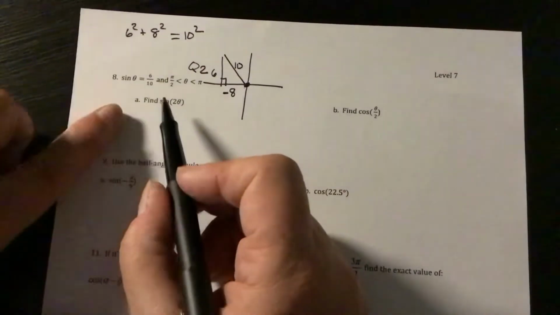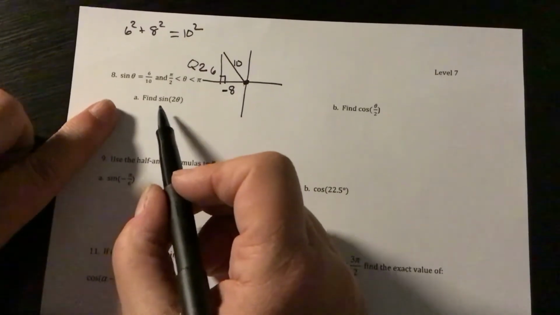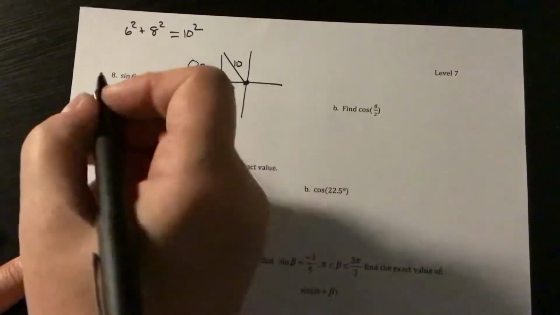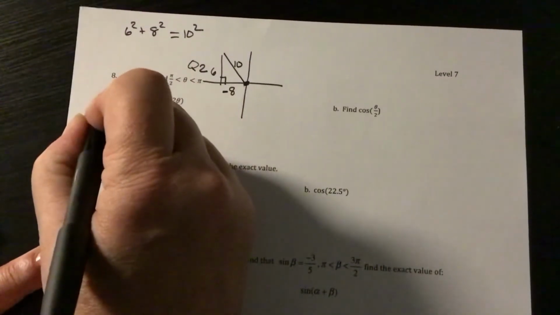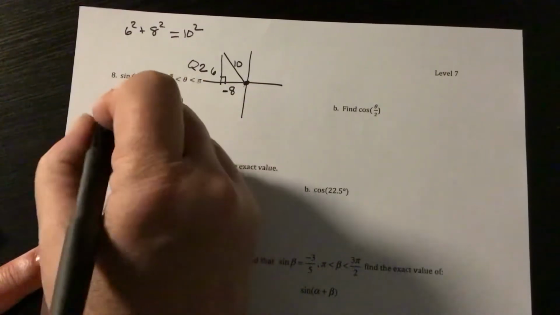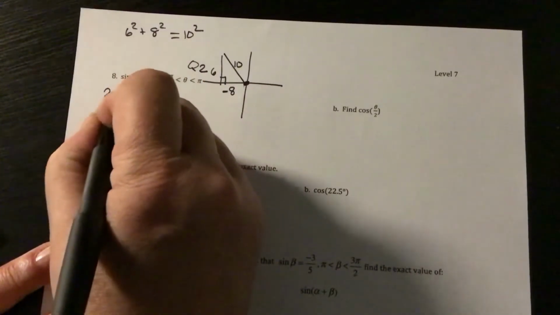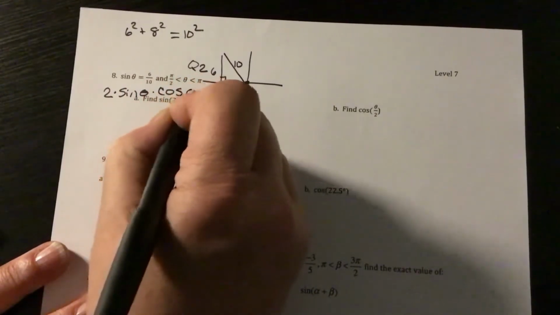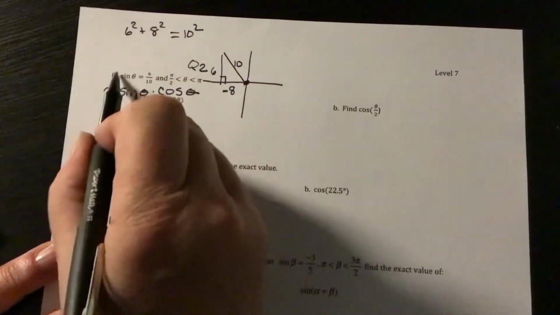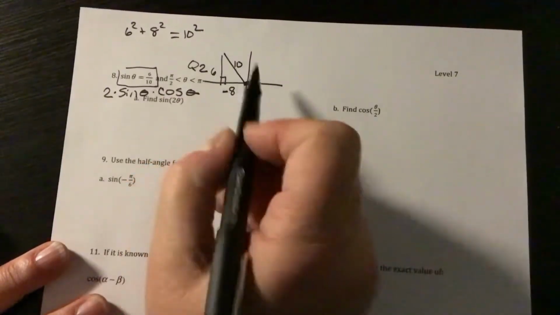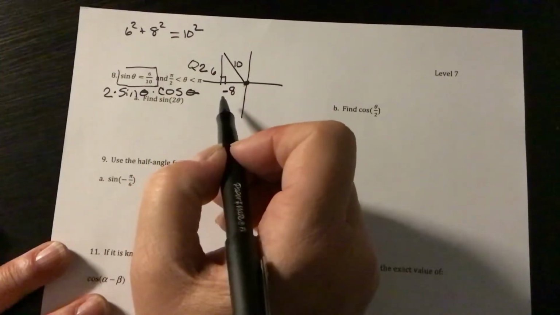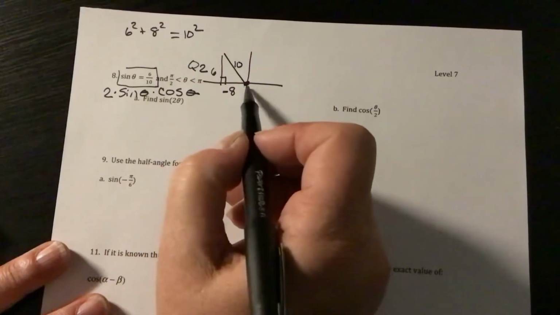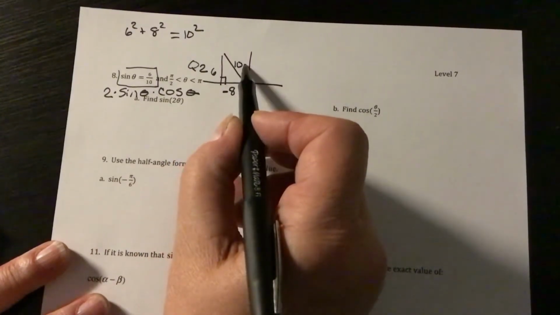All right, so this is telling us to find sine of 2 theta. The formula tells me that I'm supposed to multiply 2 times sine theta times cosine theta. Well, it gives me sine theta, and after I fill out the triangle, I know that cosine theta is adjacent over hypotenuse.